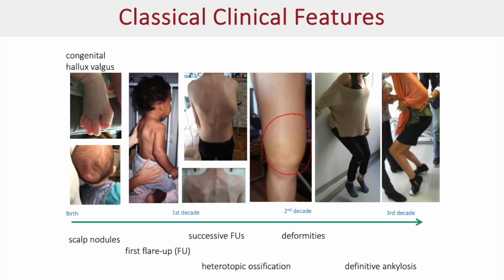They can develop progressive deformities in joints that have become involved with heterotopic ossification, which can limit the ability to ambulate. And if the ossification is involving the chest wall, it can have a significant impact on pulmonary function.